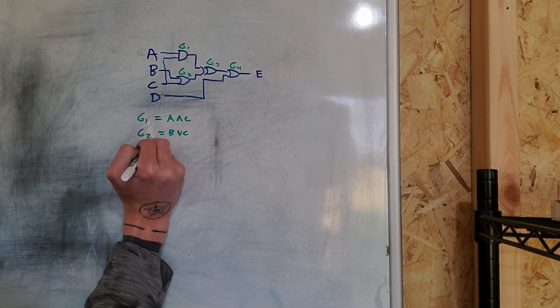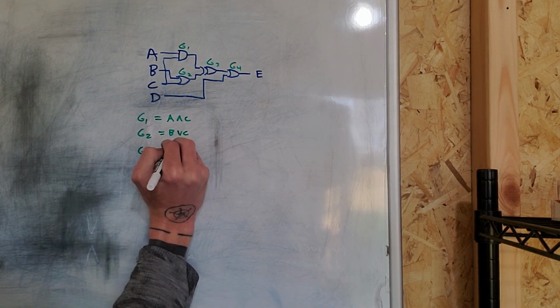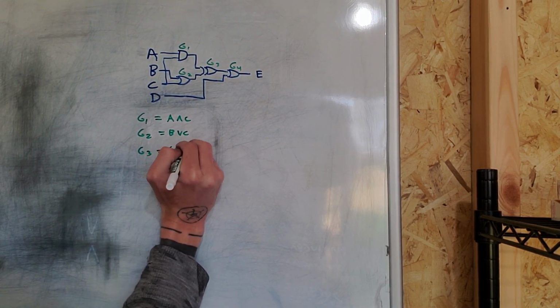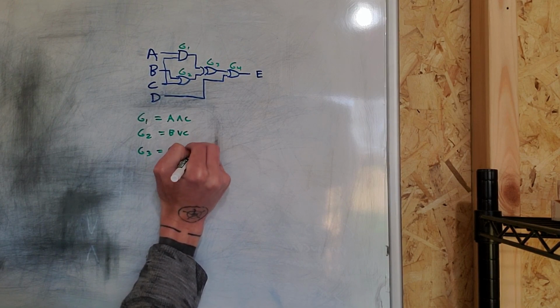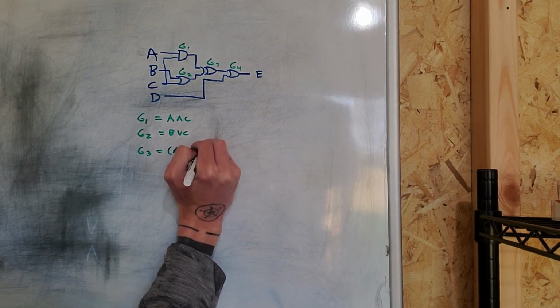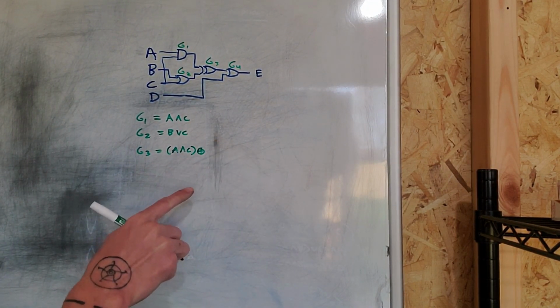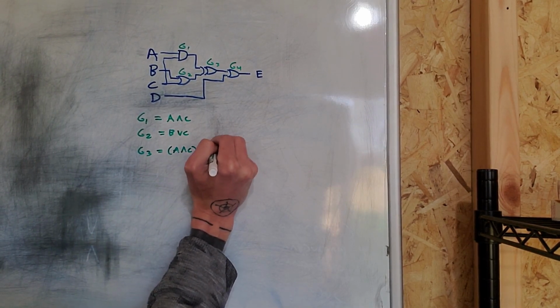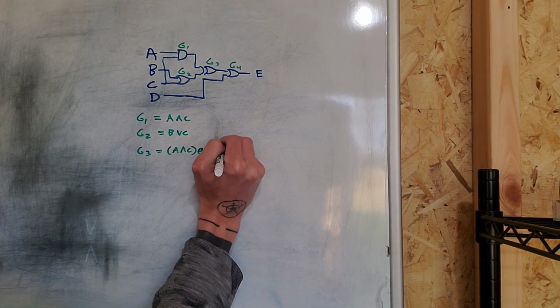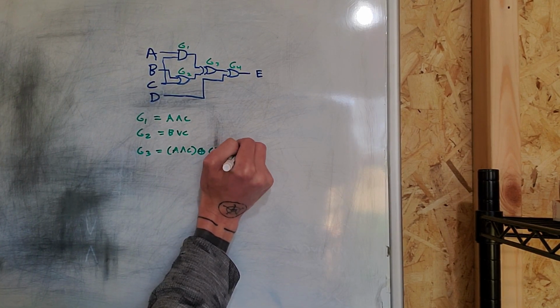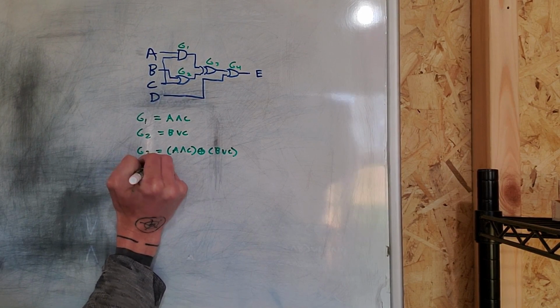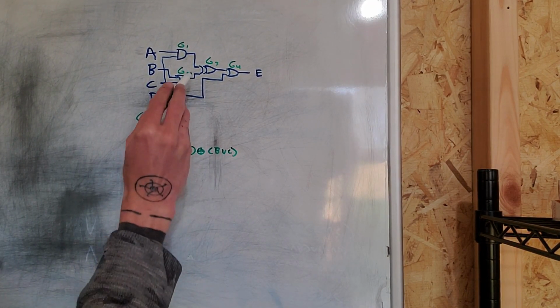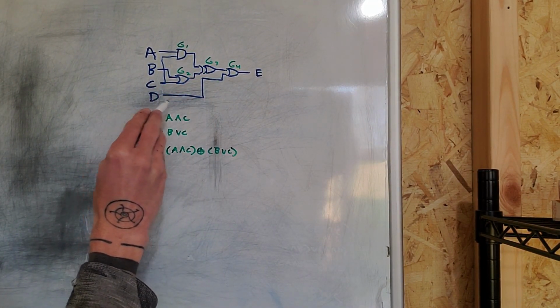So G3 would equal A and C XOR B or C. XOR is symbolized by a circle with a plus sign through it. And then G4 is equal to G3 or D.